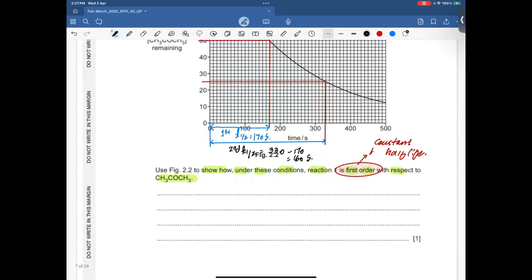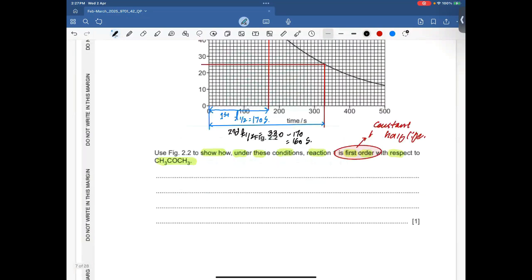So let me write it down. From 100% to 50% concentration of propanone, the half-life is 170 seconds.